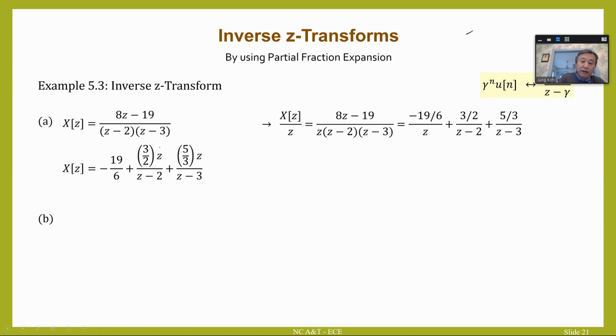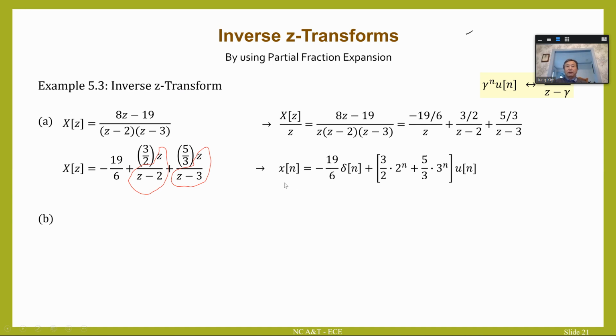In one case gamma equals 2, in this case gamma equals 3, so we can use the formula. The constant is a delta, so this is delta of n. Each term is very easy after that. So far it's okay, right?